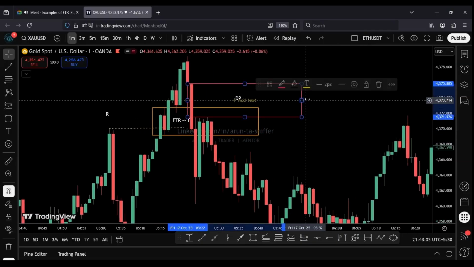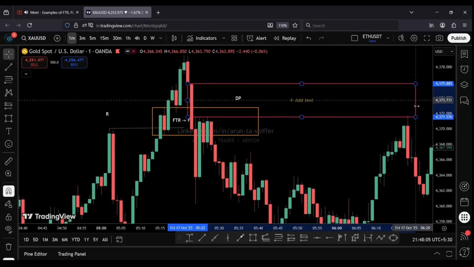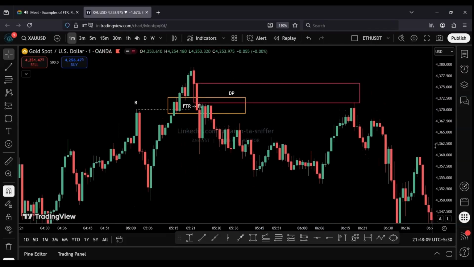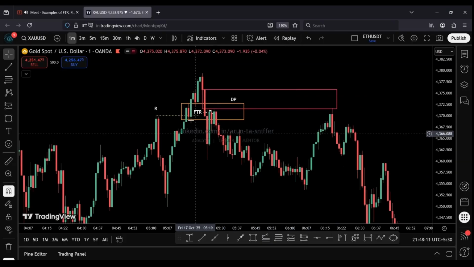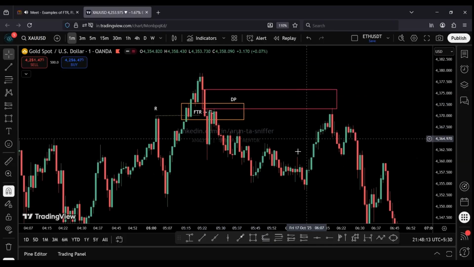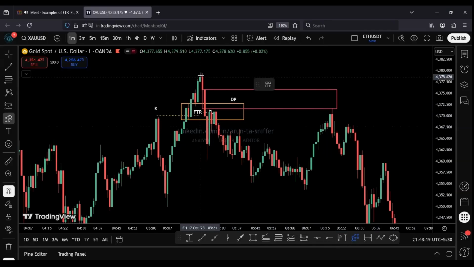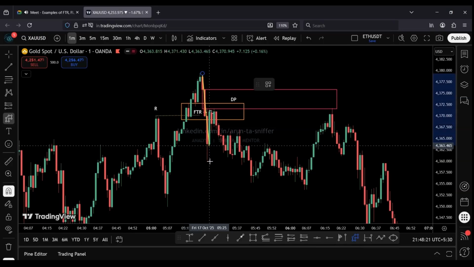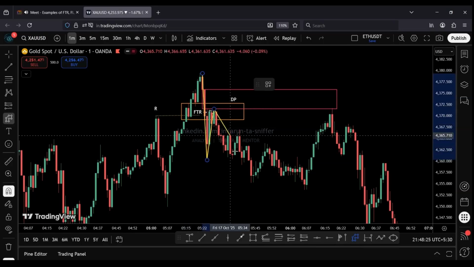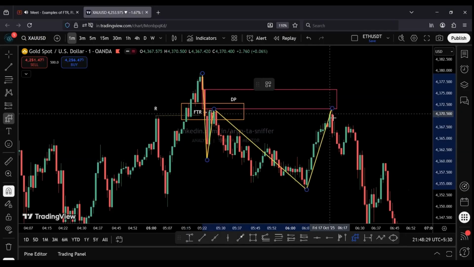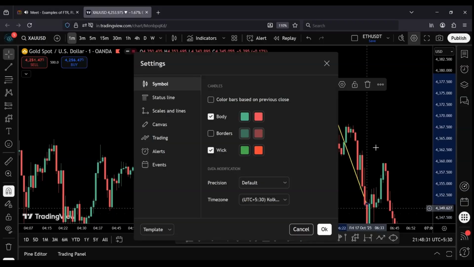And when we forward this, look at it. What happened? Price came back again in future to these left orders. This is a fake out structure. Goes up, came down, goes up, and came down, right?